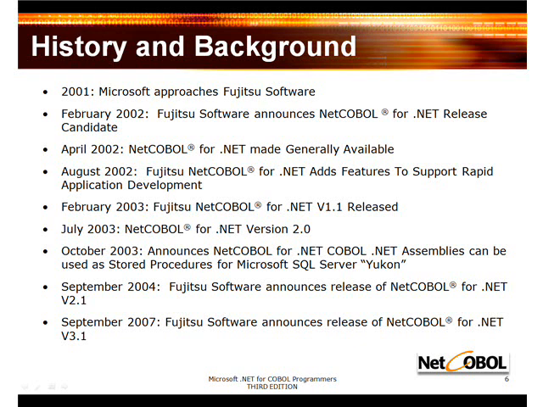NetCOBOL for .NET version 2.1 of the compiler was released in September of 2004. And finally, the latest version of the NetCOBOL for .NET compiler, release 3.1, was released and made generally available in September of 2007.